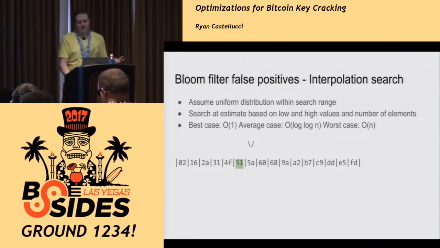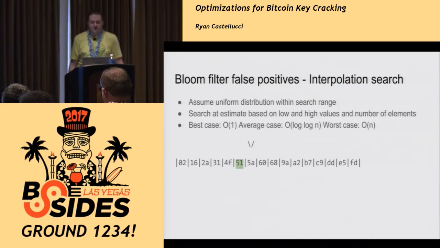Another good way to explain an interpolation search is, say you've got a phone book and you're looking for someone whose last name is Williams. You're not going to just look right in the middle because you know they're closer to the end. So you open the phone book towards the end and refine from there. And that's how an interpolation search works. So here it's going to estimate based on the list.